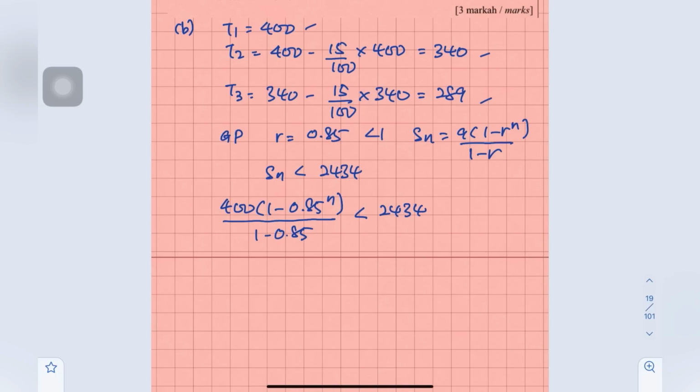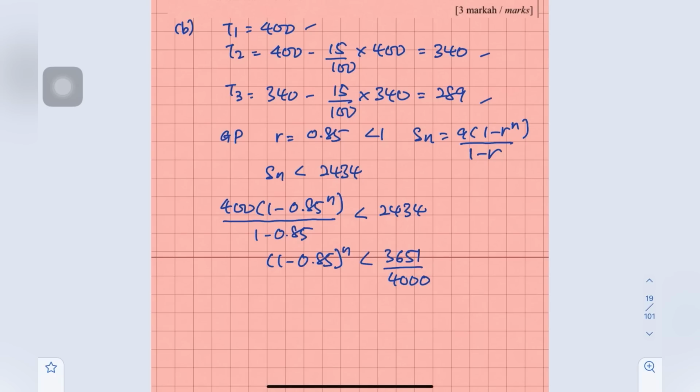Then we get 1 minus 0.85 to the power of n is, what is this? You all use a calculator, divided by 4,000.